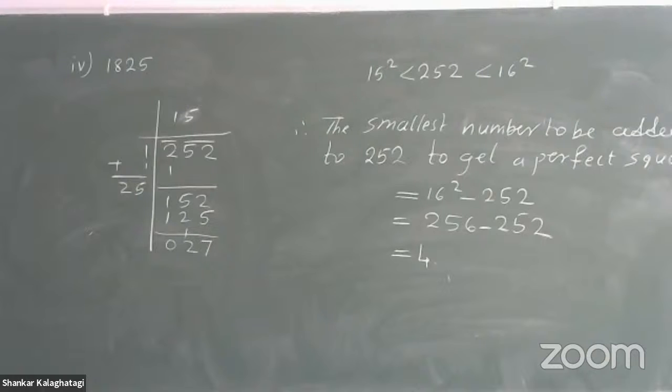Have you got the answer, students? What is your answer? Sir, the perfect square number is 1849. Okay. Number to be added is 24. We shall check it.